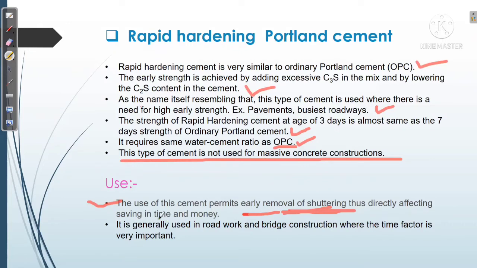It minimizes the time and the money as well. So it can be used in road work and bridge construction, where the time factor is very important. Wherever the time factor is an issue, you can use this rapid hardening cement.